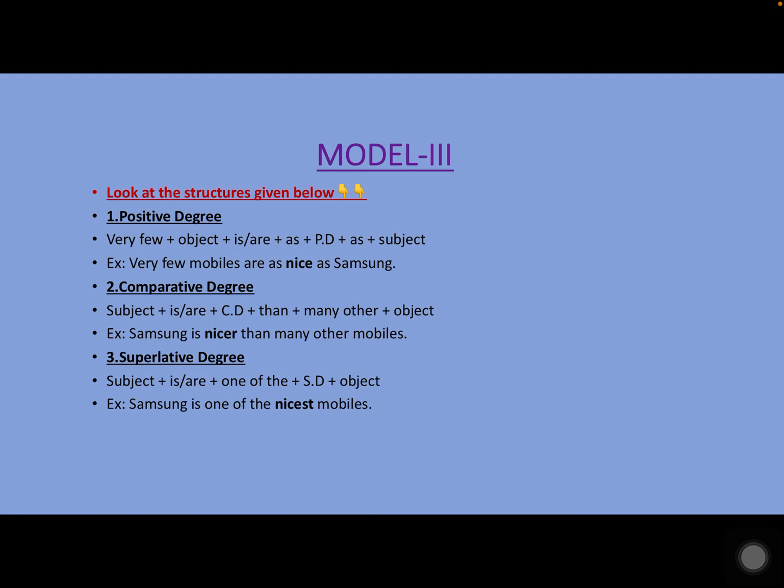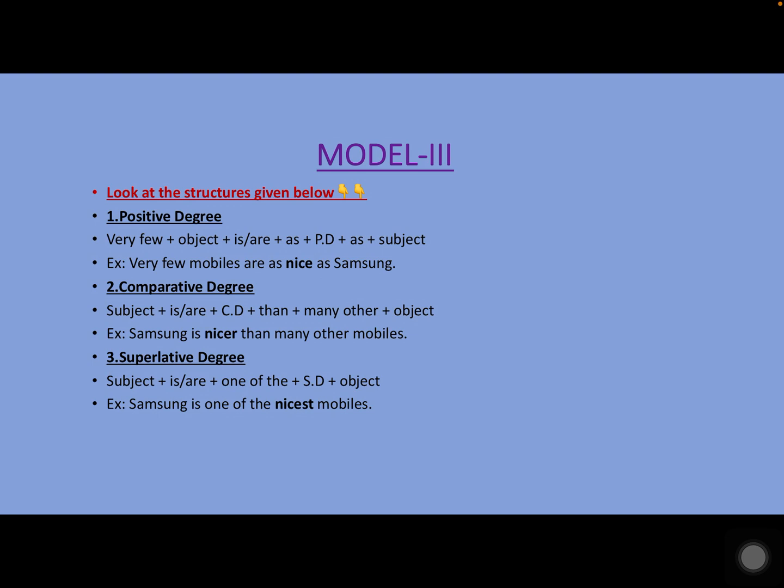Then in comparative form, the same subject plus verb plus the comparative degree plus "than" plus "many other" should be added. What should be added here? Many other. When the positive degree starts with "very few," in comparative degree "many other" comes over here. So it comes like this: Samsung is nicer than many other mobiles.